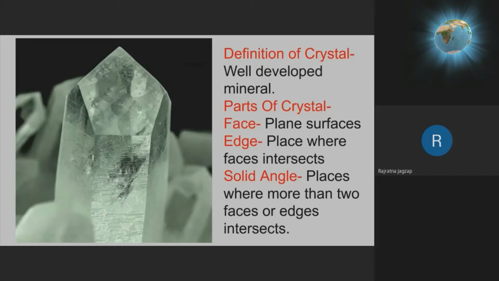In what sense it is well developed is revealed by the common features shown by crystals of different varieties. To call a mineral a well developed crystal, it should have three parts. First is face.